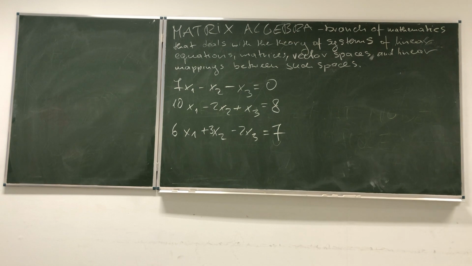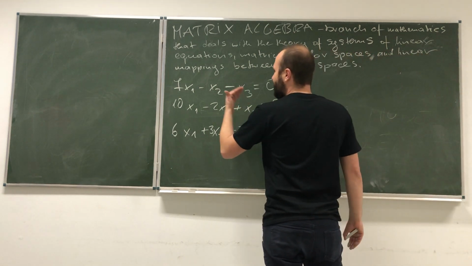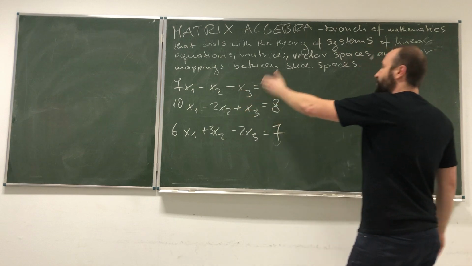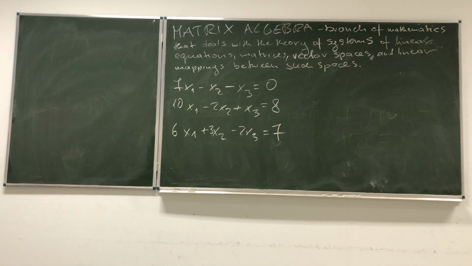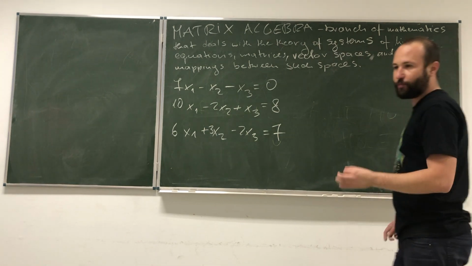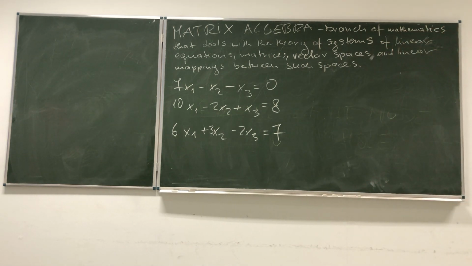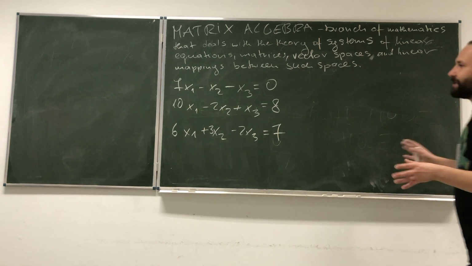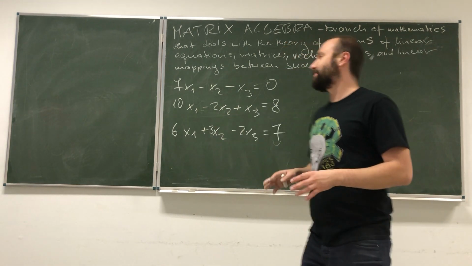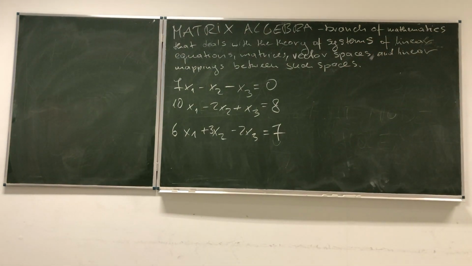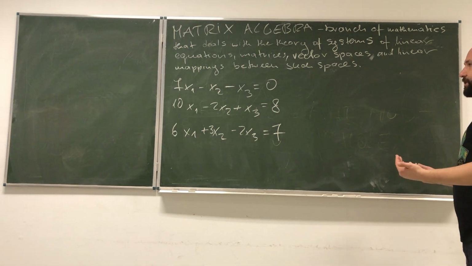By linear, we mean that all we've got here are our variables, x1, x2, x3, in the first power. So they are not in any other power, they are not multiplied by other variables, there's no complicated expressions over here. And look, our task is to devise a method that will allow us to solve any system of simultaneous equations like that. Okay, so how will we do it?